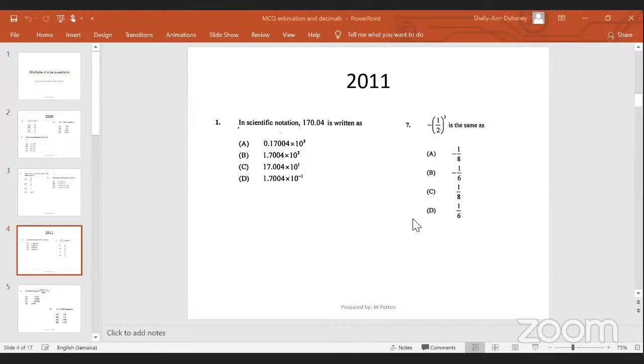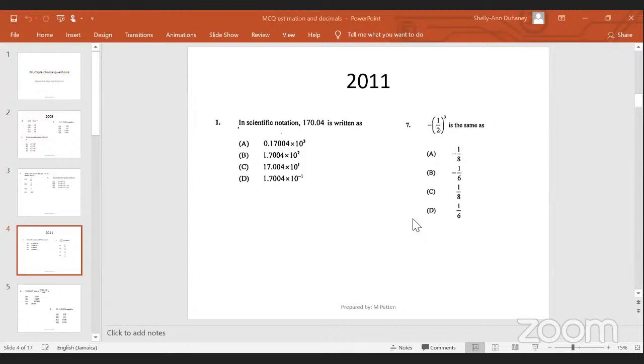What would we multiply by? 100? Really? Why 100? No, that'd be 10. It is 1.8, so to get this to be 18, how many places would you have to move? You have to move one place. Good. So you multiply that by 10 basically.